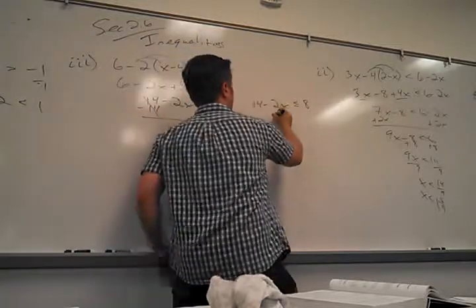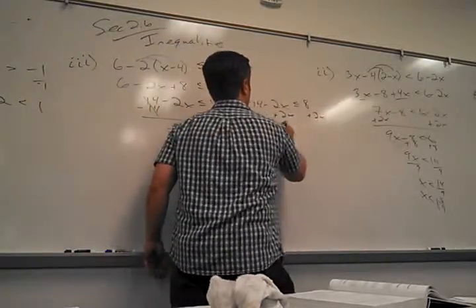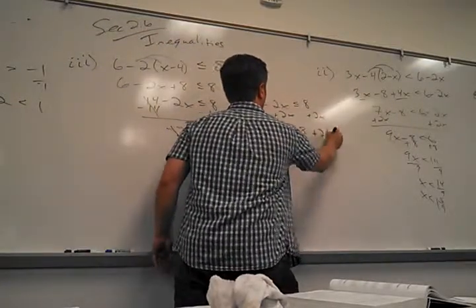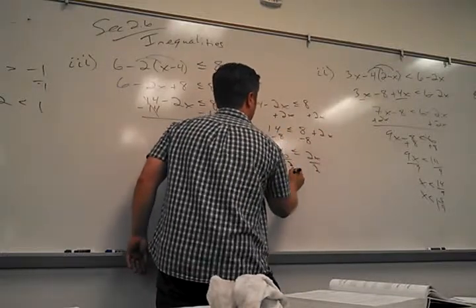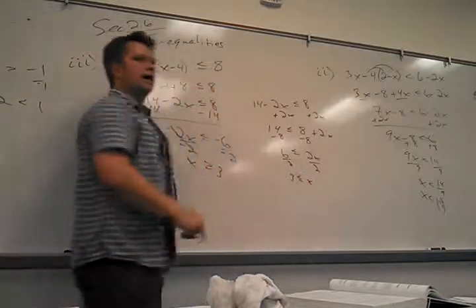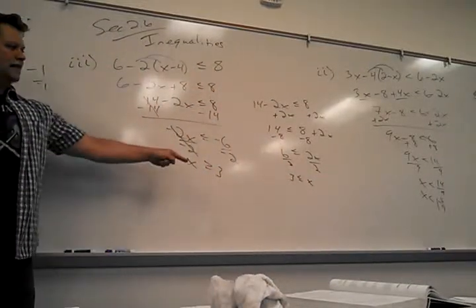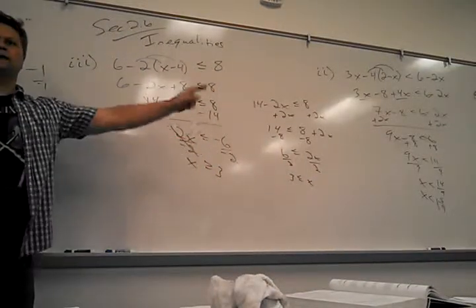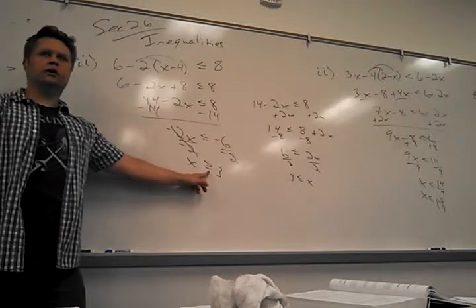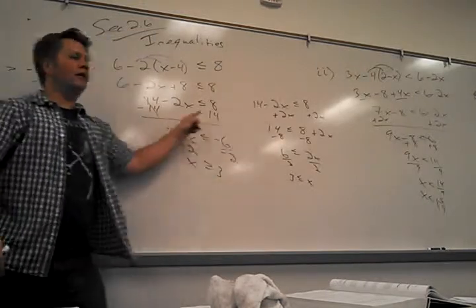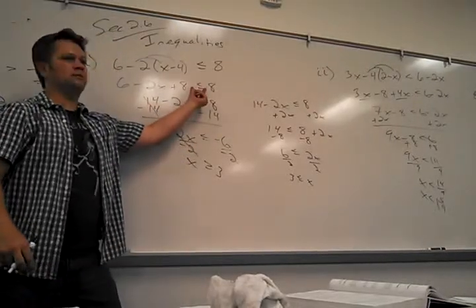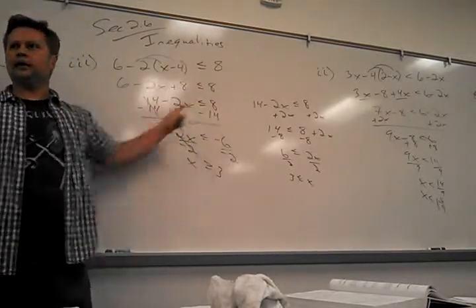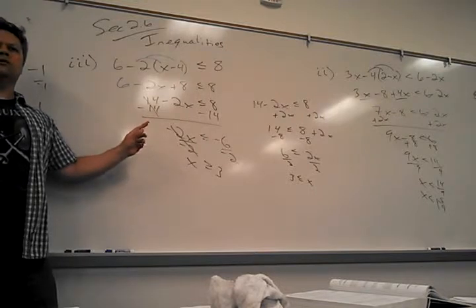So I can add 2x. Then subtract 8. Then divide by 2. Well, what does that say? 3 is less than or equal to x, which means x is bigger than or equal to 3. So to make it valid, if I don't take the x to the other side of the sign, I've got to turn the sign around to make it the same. There's a whole other reason why it switches, yeah.